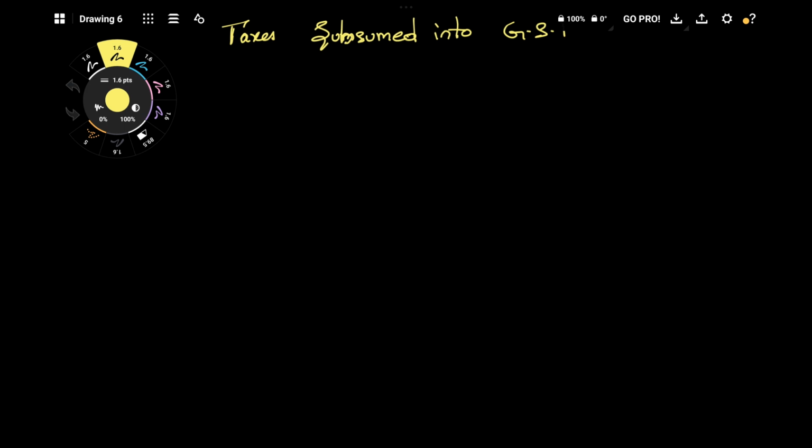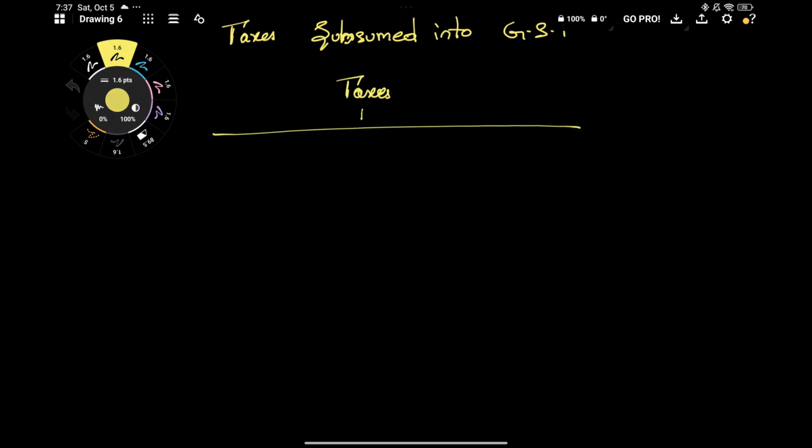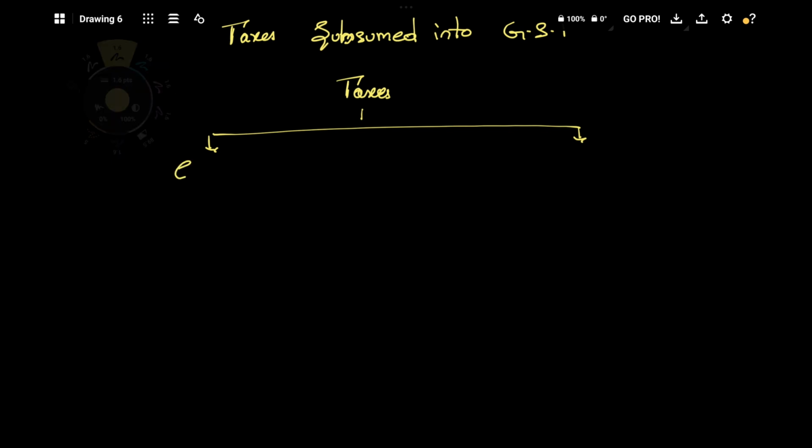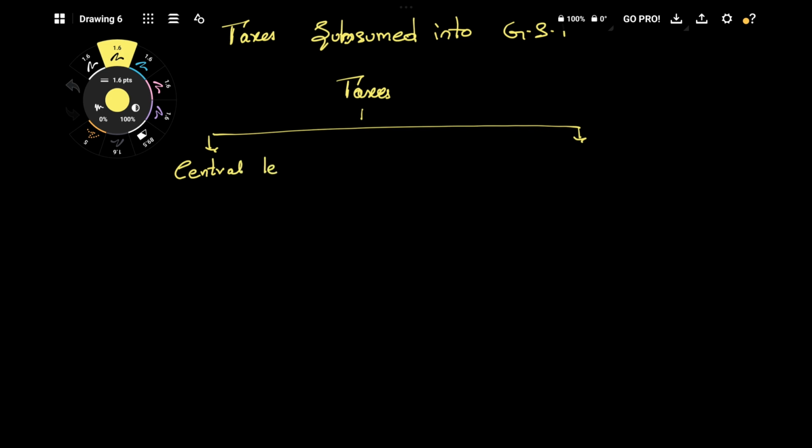Taxes will be levied by both central government and also state government. What are the central levies subsumed into GST? What are the state levies subsumed into GST?